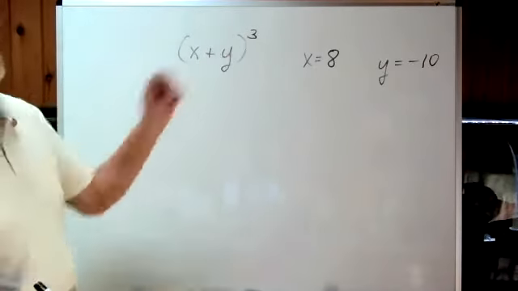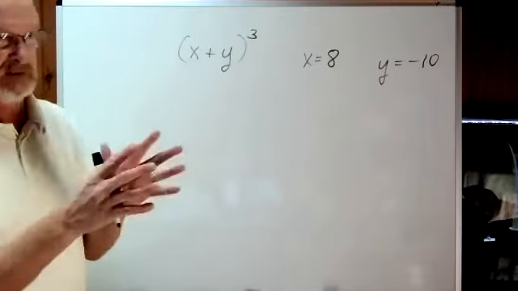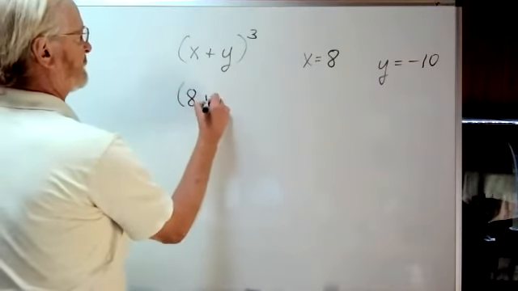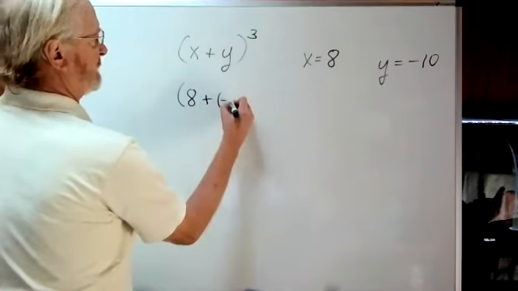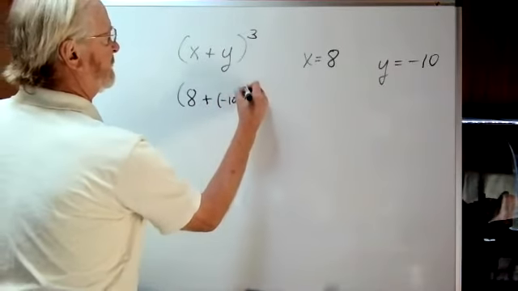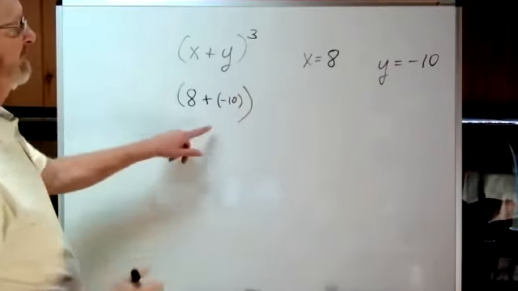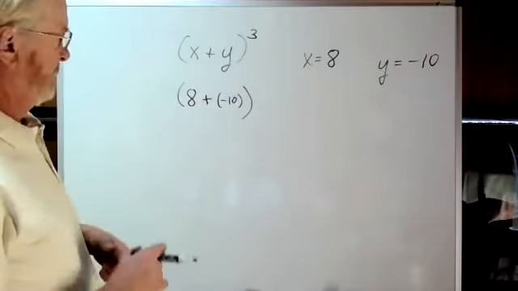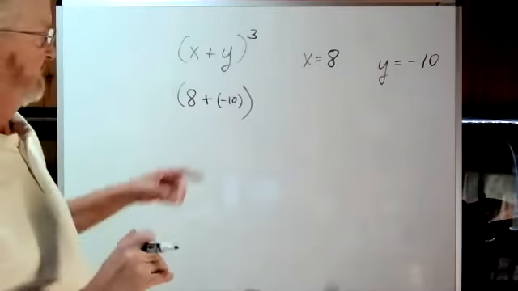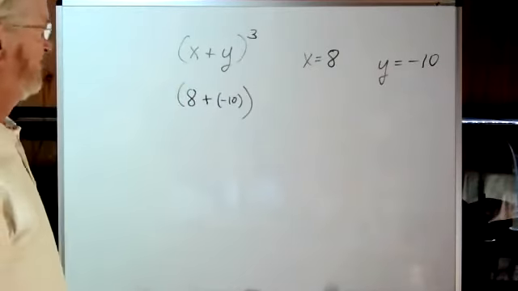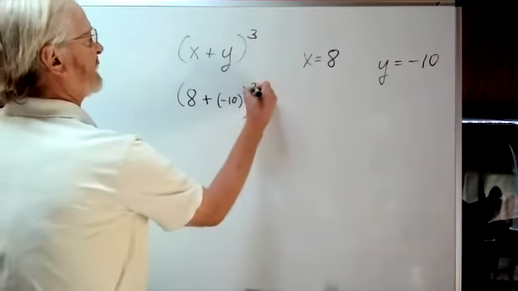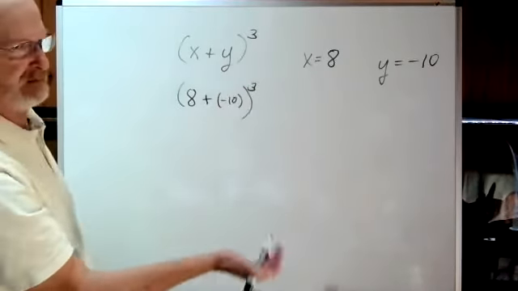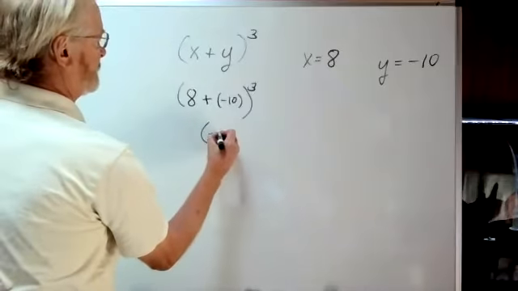Again, this expression has the exponent on the outside, so I'm going to simplify inside first. And this becomes 8 plus, I'm going to use extra parentheses here. You don't need brackets, but for that negative sign, so I didn't have plus minus right next to each other. So, oops, don't lose my exponent. Combining those, 8 basically minus 10 is going to give me a negative 2.